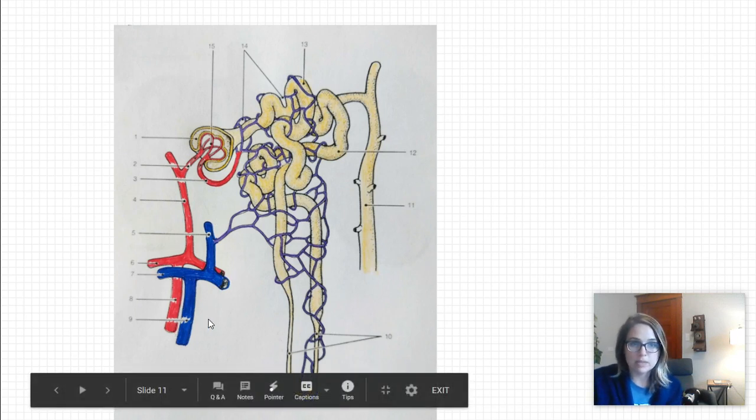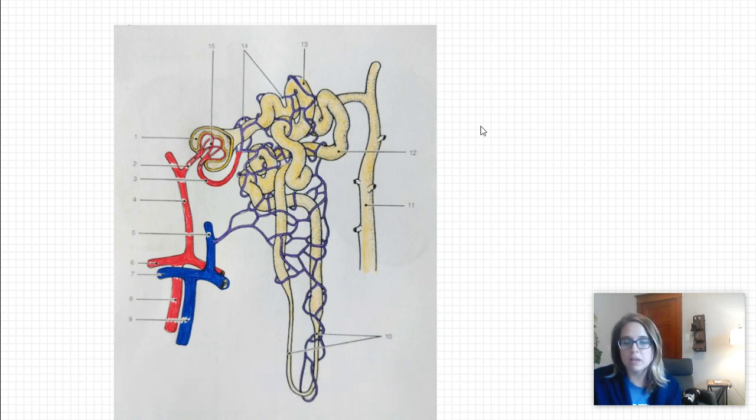The blue is representing my veins. I have purple for those capillaries. And then the yellow is representing everything that's a part of the nephron and the collecting ducts that make up the nephron. So now's a good time to pause the video and go ahead and color this. And I'm about to go over all of these structures and identify them in order with you.